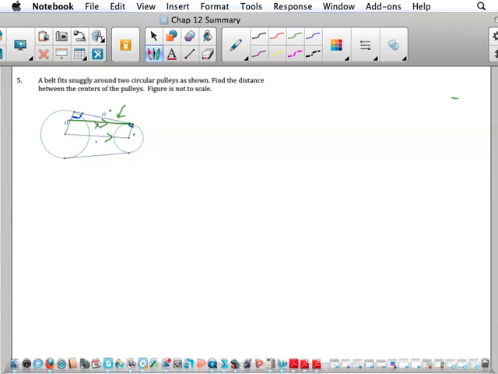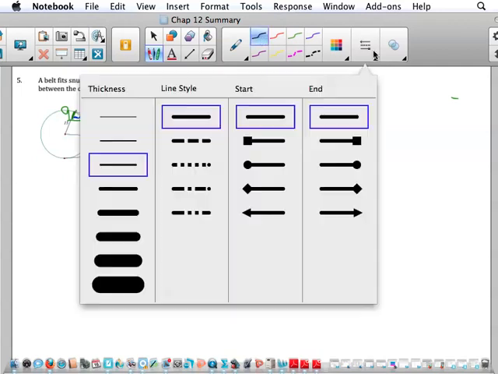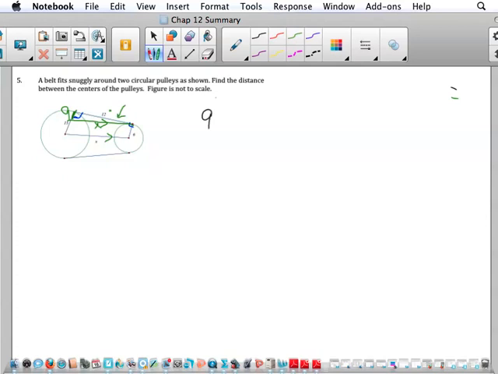We're going to call this length, that's the hypotenuse, x. The length of this line is the difference between the radius of the large circle and the radius of the small circle. So that is 9. So I have 9 squared plus 12 squared equals x squared. 81 plus 144 equals x squared.